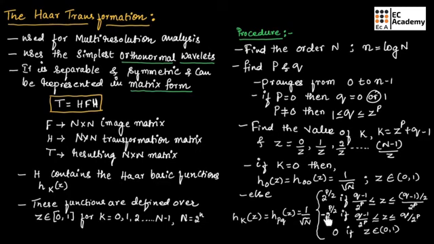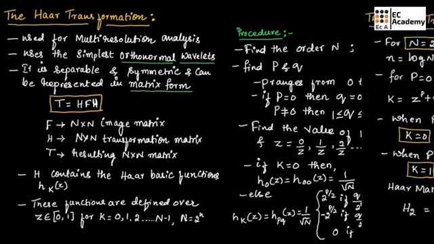It will be minus 2 to the power of p by 2 if z ranges between (q minus 1/2) divided by 2 to the power of p and q divided by 2 to the power of p, and it will be equal to 0 otherwise if z belongs to [0, 1]. So for all these values, 1 by root N will be multiplied.